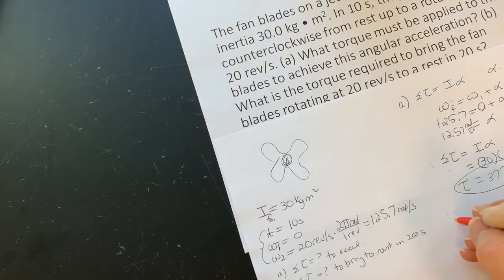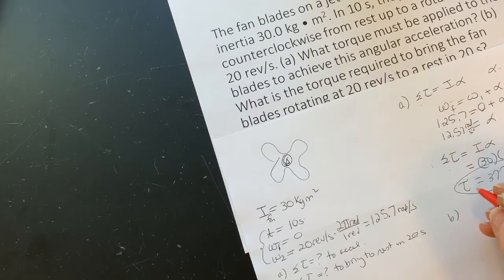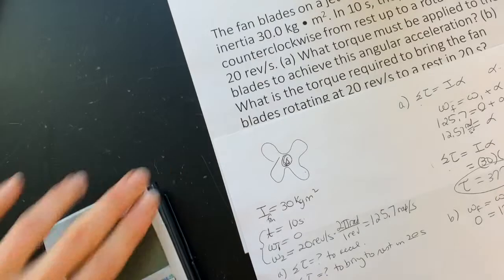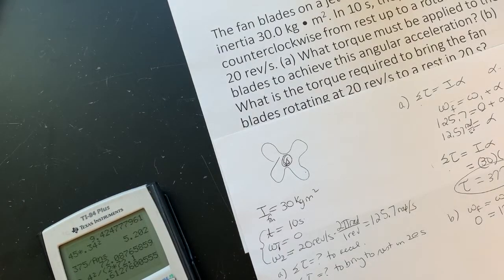So next part, if you have to slow it down in 20 seconds, now you're going to do the same thing. Now this is 0, this is 125.7, and this is 20 seconds. You're going to get probably 6, it's going to be a smaller value. 125.7 divided by 20 is going to be 6.29 radians per second squared.